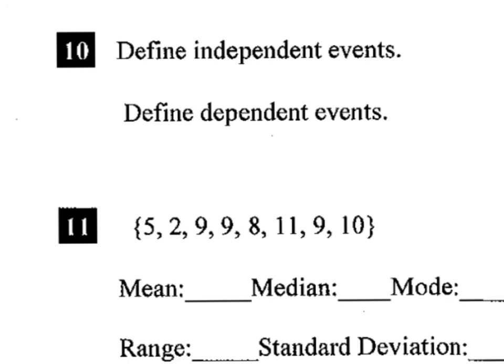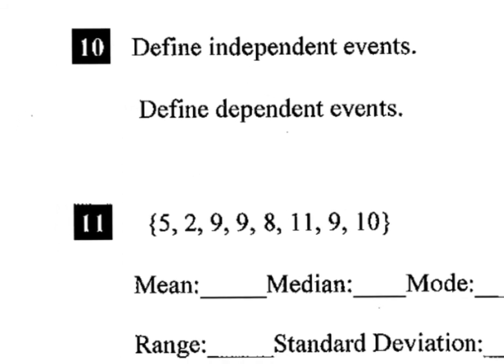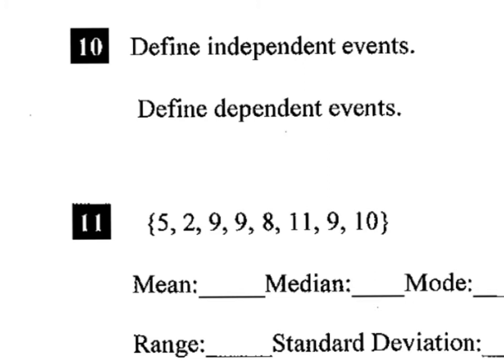For number 10, independent events are when the probabilities do not affect each other. So the probability stays the same, try after try. Dependent events are when the first outcome affects the second.